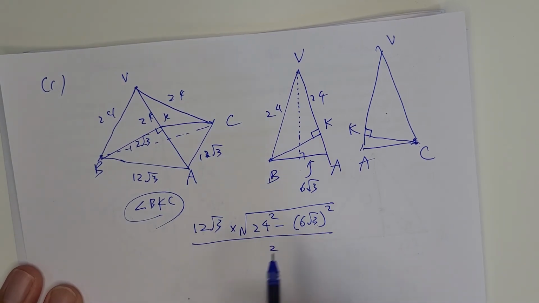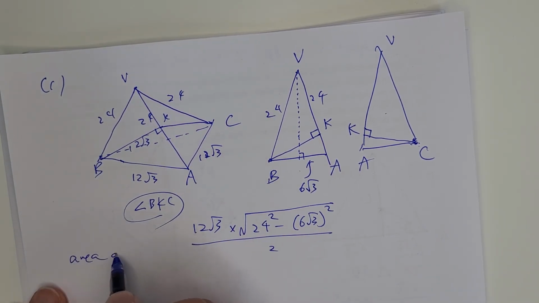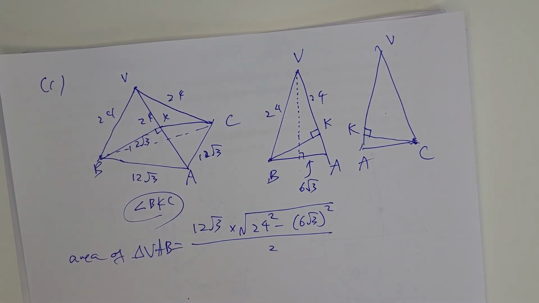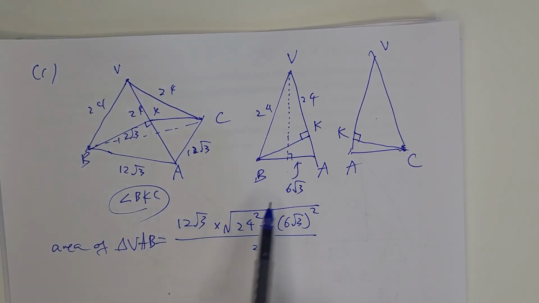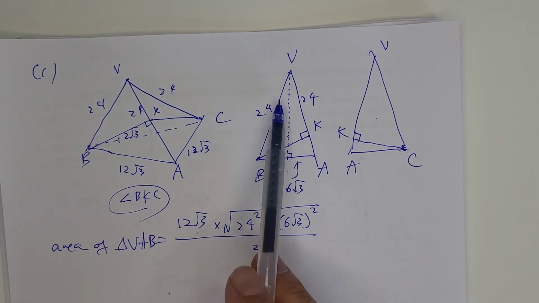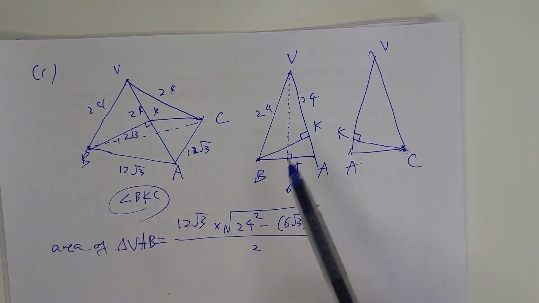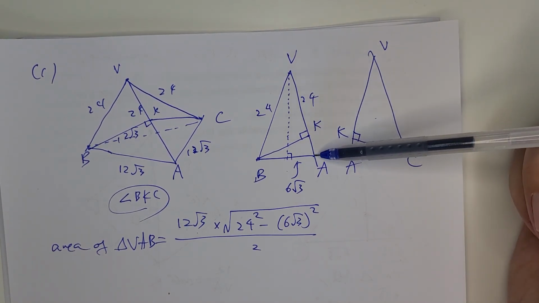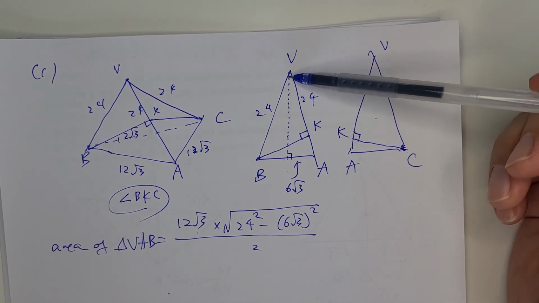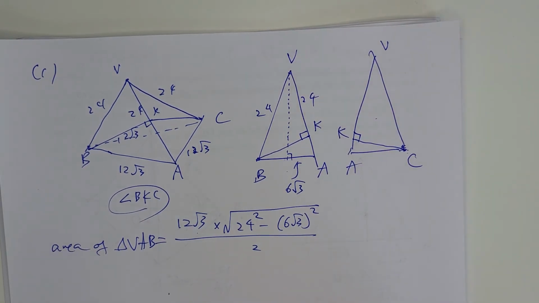This is the area of triangle VAB. I repeat, the area of triangle VAB can be written as AB, 12√3, multiplied by the dotted line, using Pythagoras' theorem, that is 24 squared minus (6√3) squared, and then take the square root, and then over 2.